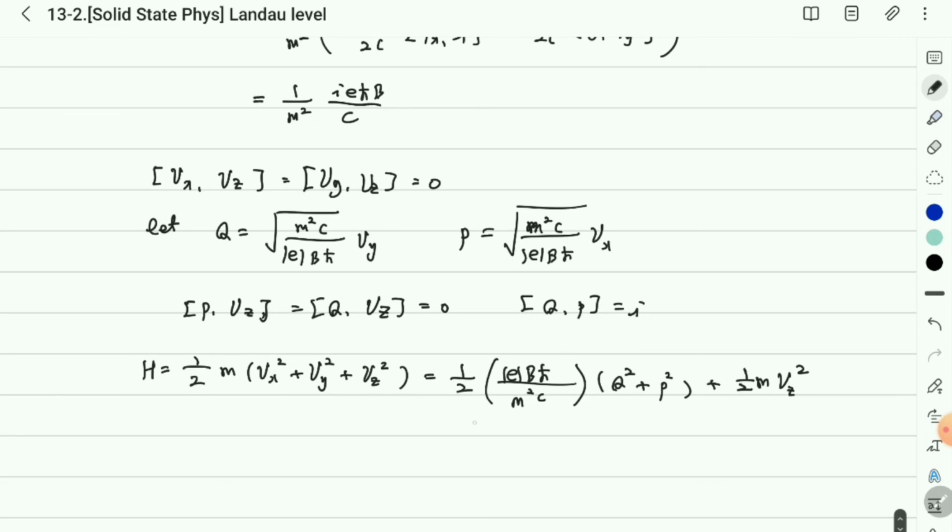Here, this term is the perpendicular direction to the magnetic field, and this is the parallel direction along the magnetic field.